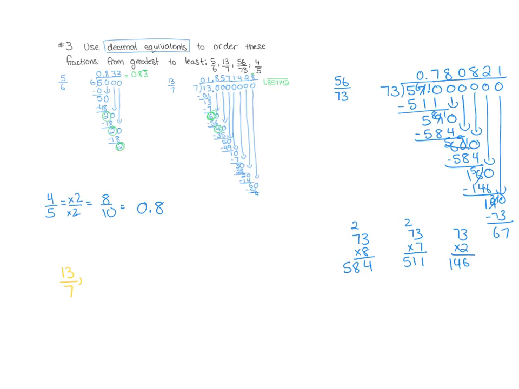Then I have to go between 0.83 repeating and 0.8. Well, 0.8 would have a whole bunch of zeros after it, and this would keep having 3s. So actually it's 5/6, that's the next biggest, and then we would get 4/5. And our smallest fraction is 56 out of 73.